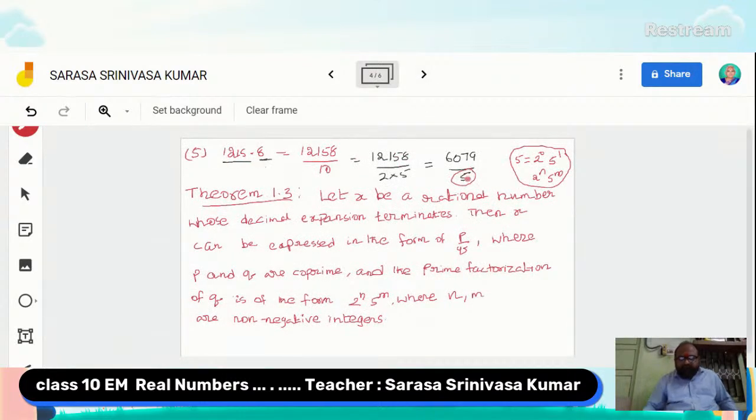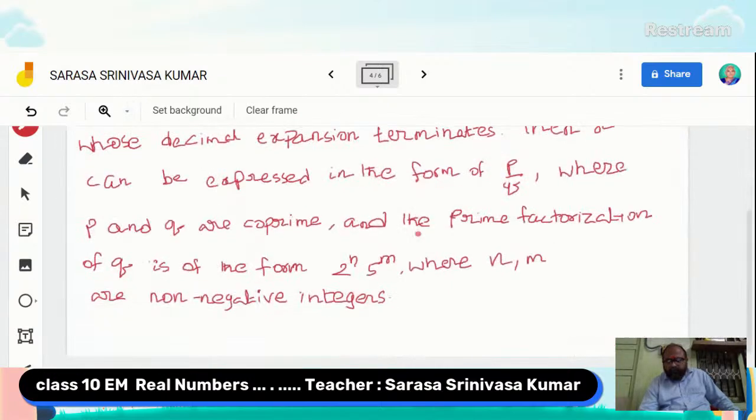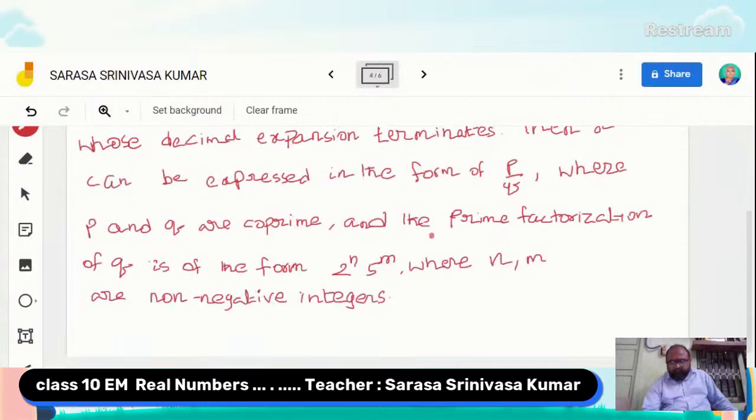Here also 6079 by 5. 6079 and 5 are co-primes, and the denominator 5 can be expressed as 2 power 0, 5 power 1. Therefore, it is of the form 2 power n multiplied by 5 power m. So this is the meaning of the statement of the theorem.